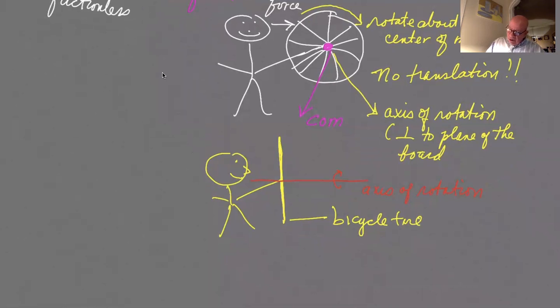We're going to call this bicycle tire, and all objects that we're going to consider to be in motion, rigid bodies. And a rigid body is able to rotate with all parts... this is a weird word.